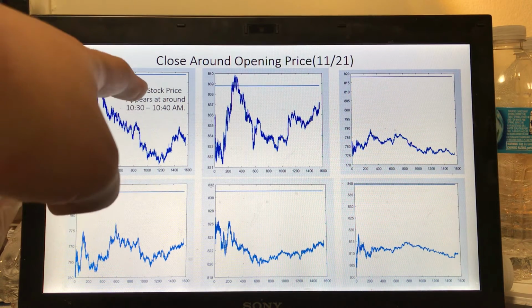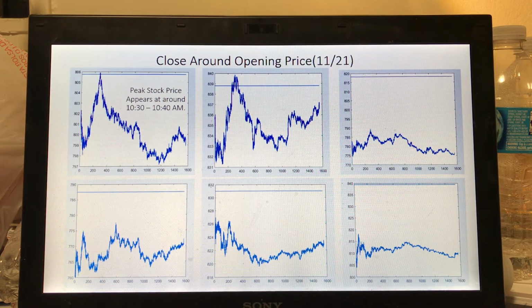And we can see that the peak stock price, when the stock price climbs to above the previous closing price, occurs at around 10:30 to 10:40 a.m. For the other cases, it looks pretty similar.